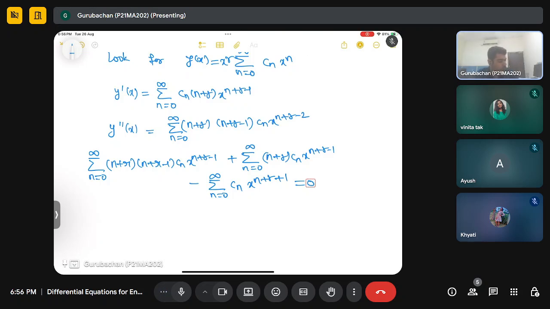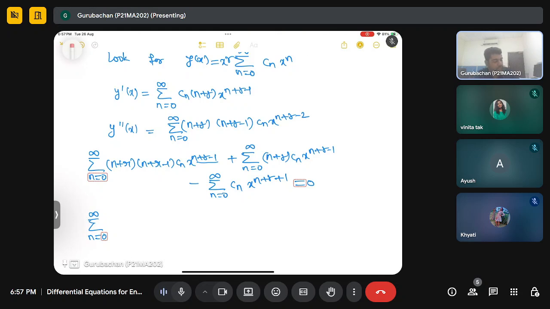We can also make it n plus r. If we want to make it n plus r, we put n as n plus 1, so this series will start from n equal to minus 1.